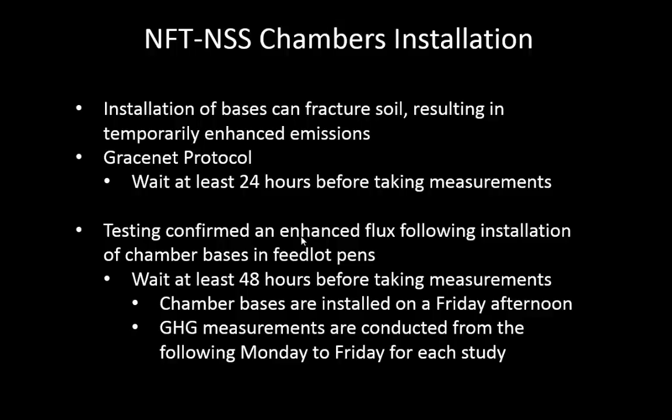In fitting in with getting access to a pen and running for a reasonable period of time, we tend to take possession of the pen on a Friday, establish the bases on Friday afternoon, and start making measurements on Monday. So there's a period where the animals are not present and we get past any enhancement in the emission rate.